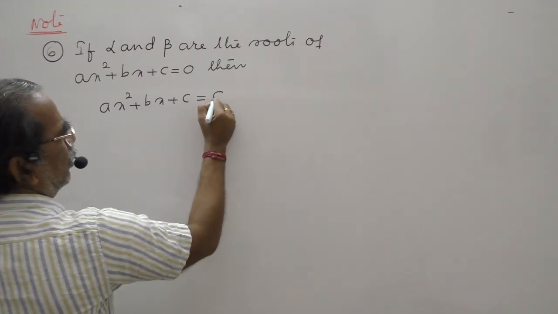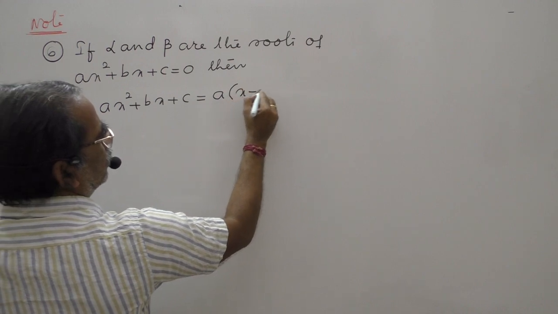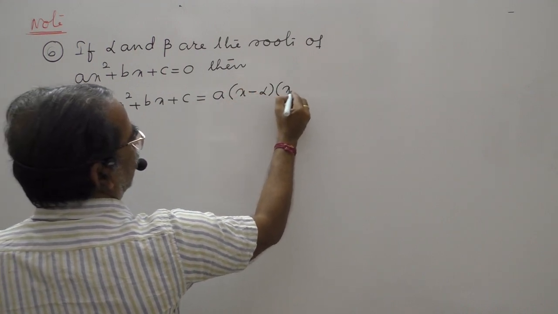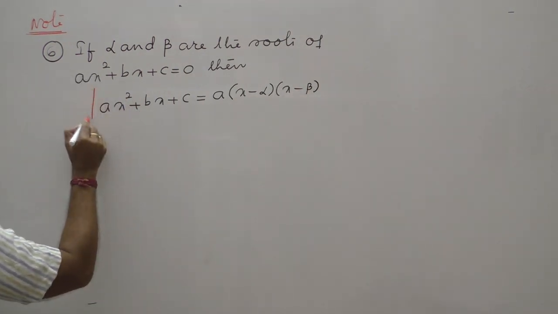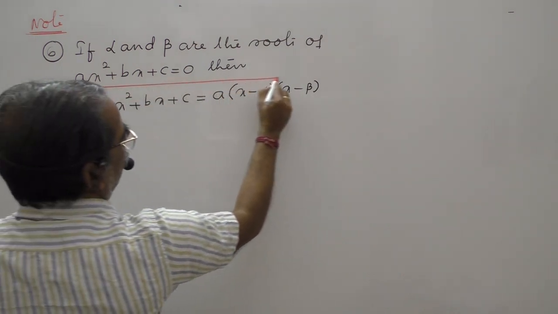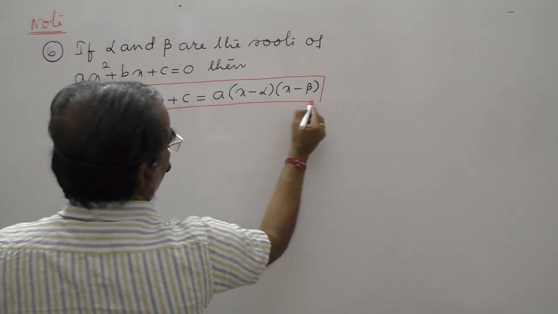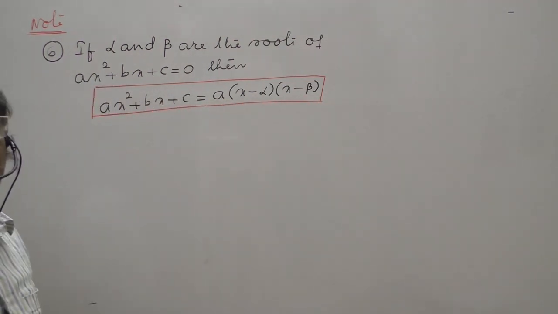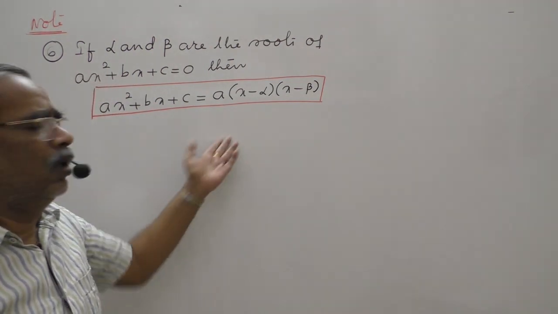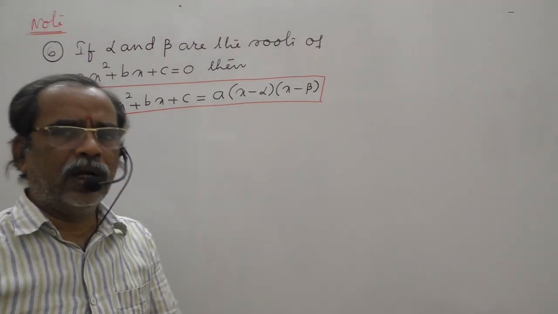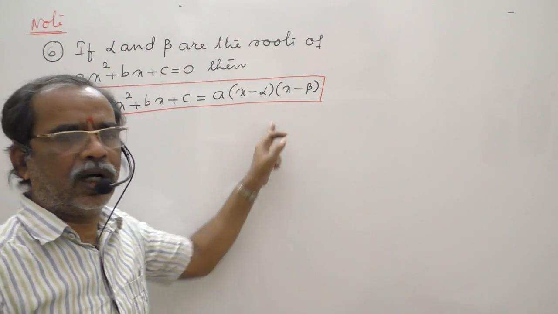This expression can be expressed as x square coefficient into x minus one root into x minus another root. So if alpha, beta are roots of this quadratic equation, then we can express this quadratic expression as a into x minus alpha into x minus beta. Later we will explain this also when there are some theorems. At the time of theorems I will explain how it will come.